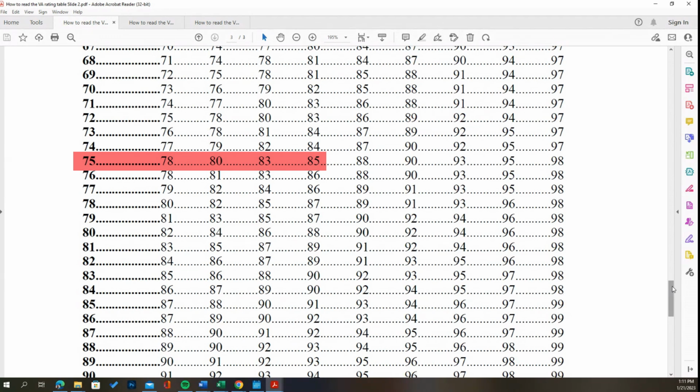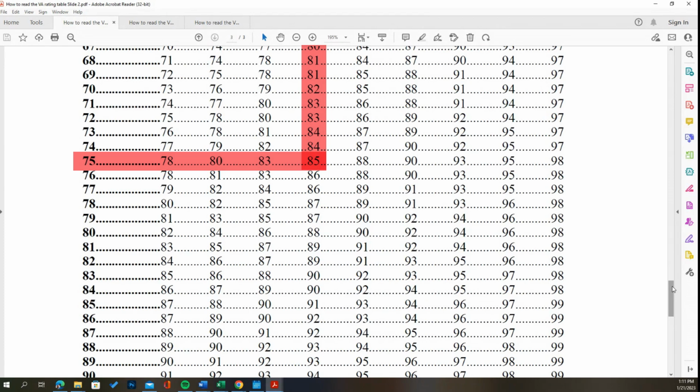Now I'm getting confused. Nope, it's 85% because we're coming over 4 rows. See how easy you can get confused? I'm making myself confused. So again, 75%, we count over 4 rows: 78 is 1, 80 is 2, 83 is 3, 85 is 4, representing the 40% for the lumbar strain.